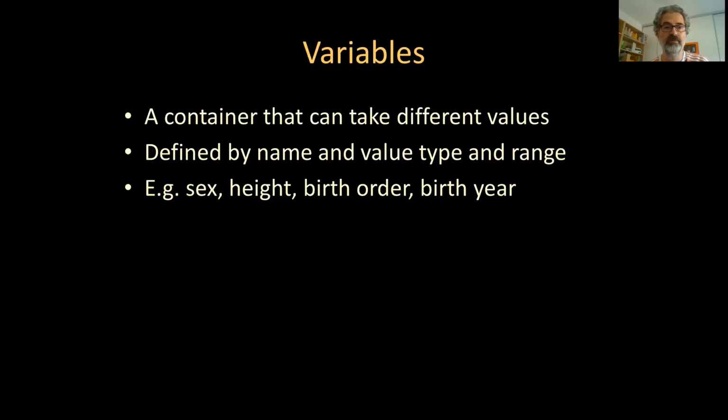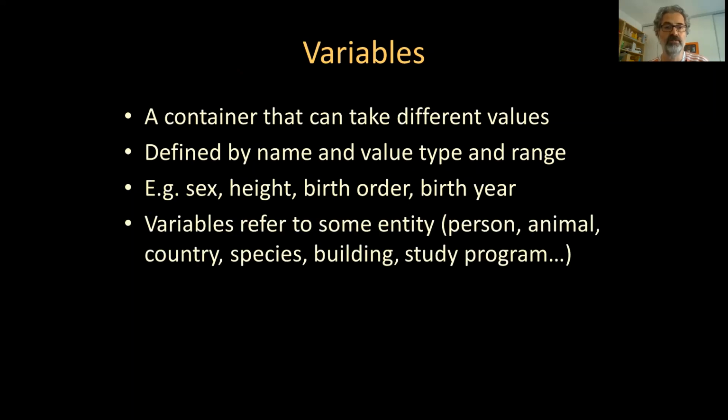So variables of these sorts must refer to some entity. That's the entity being measured. And we usually think of entities related to the variables of the examples as being persons, but they could have been animals. Indeed, they could have been trees. And there's also different kinds of entities that can be studied, and we can define and measure variables on them depending on the kind of research that we're interested in.